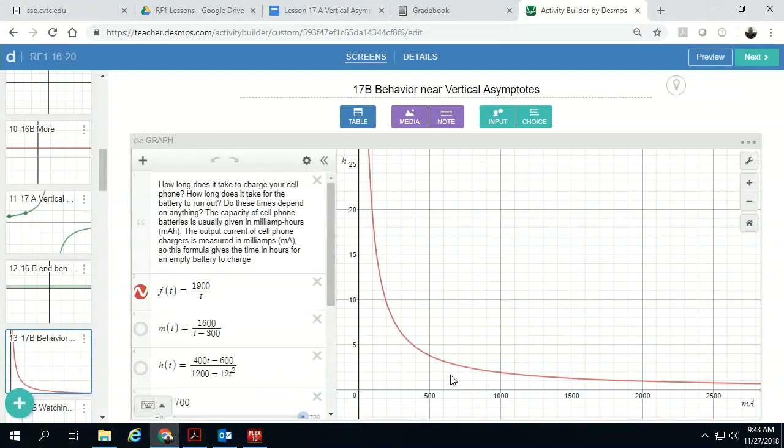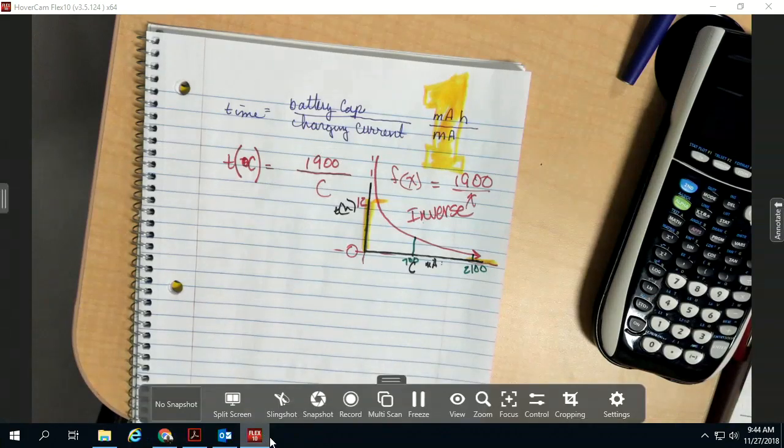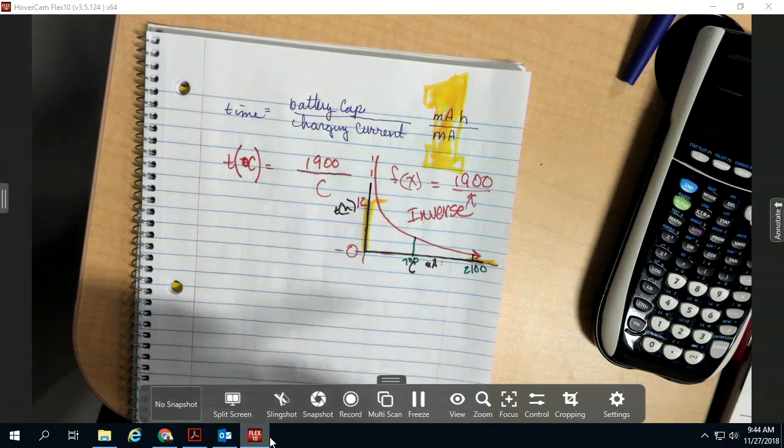So we're going to be talking about from 700 to 2100. What is the range of charging times?